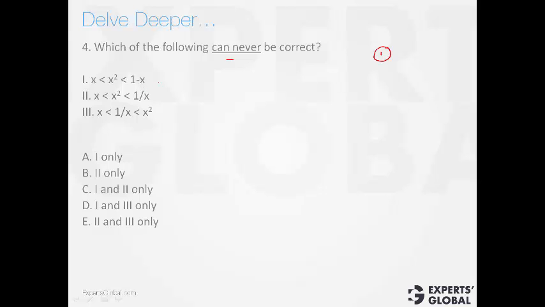So we want 1 minus x to be the greatest here. When is that possible? That is possible when x is a negative value. So 1 minus something negative will make it something positive. However, remember, we don't want x to become a very big number, otherwise x square will become a very big number, okay? And it will become greater than 1 minus x. So the right example to take would be the example of a small negative value.